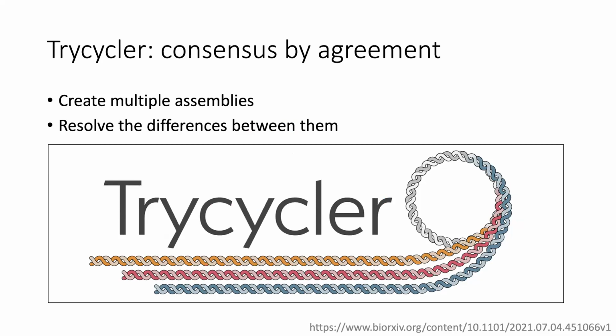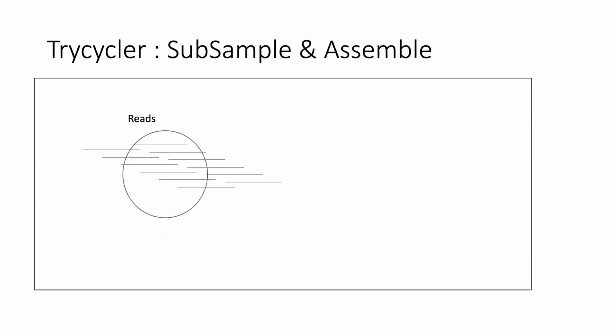So you don't have to decide on what your favorite assembler is. You can use all your favorite ones and then use the assemblies that have been generated to create a final consensus FASTA sequence. So I'm going to be going through the theory of Trycycler and how it works and the steps involved.